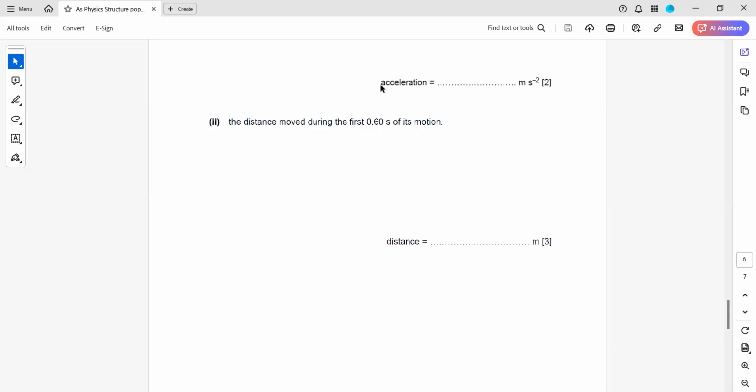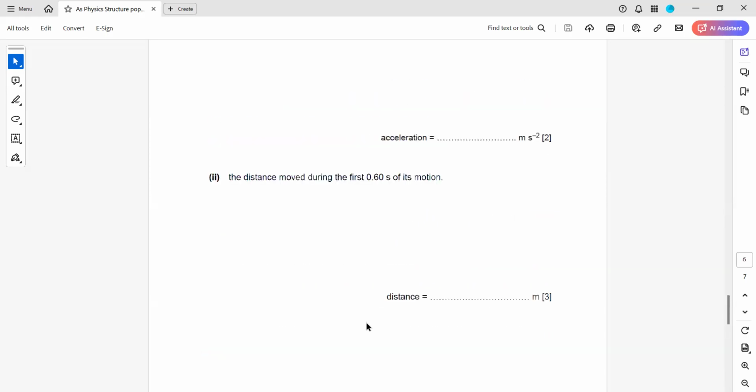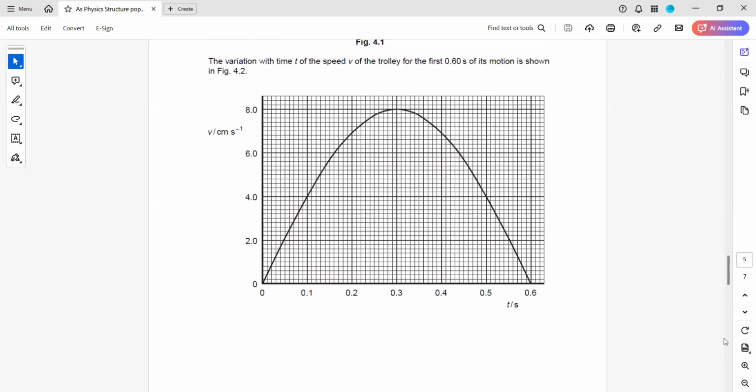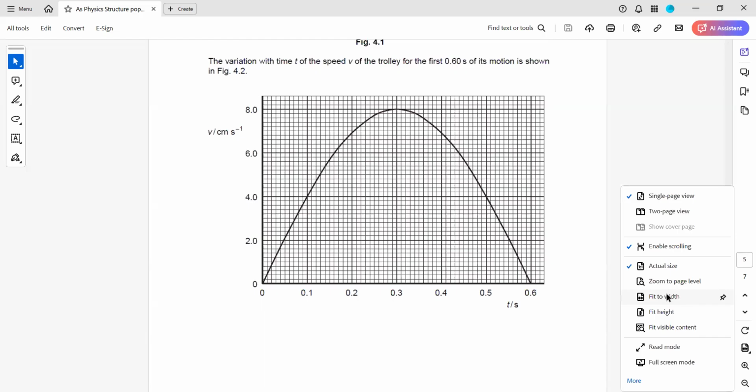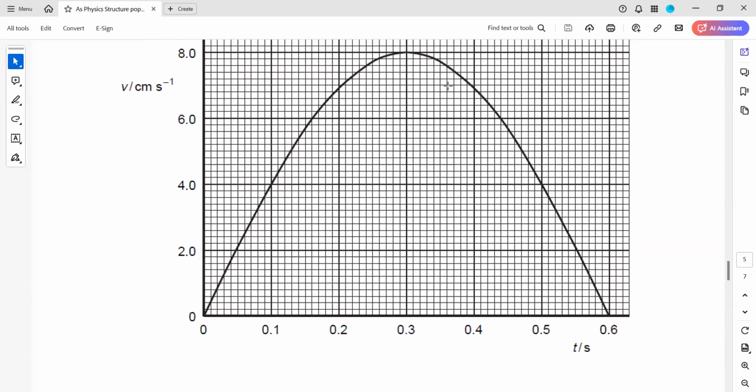A part 2. The distance moved during the first 0.6 seconds. So what is the distance moved? It's a non-linear graph. So for a non-linear graph, you can divide into equal segments.